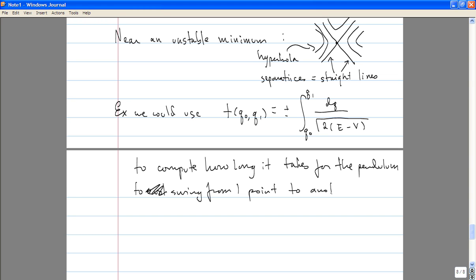So for a simple harmonic oscillator, the amount of time it takes for the oscillator to move through one entire oscillation is independent of the amplitude of the oscillation. That was a consequence of the linearity of the equation of motion. However, for the pendulum, the period of an oscillation depends on the amplitude of the oscillation.